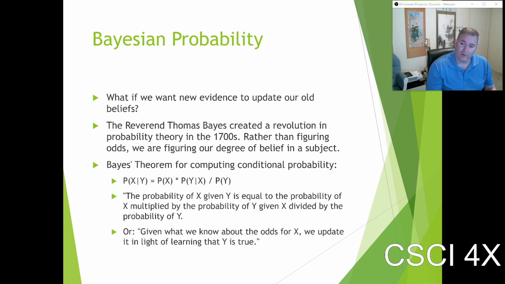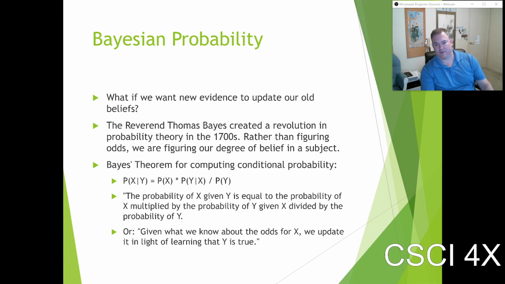Normally when we think of probability up till now, we've been thinking in terms of what's called frequentist terms. In other words, how often do I roll a 7 on 2d6? How often do I roll an 11? How frequent is 4 aces in a row?